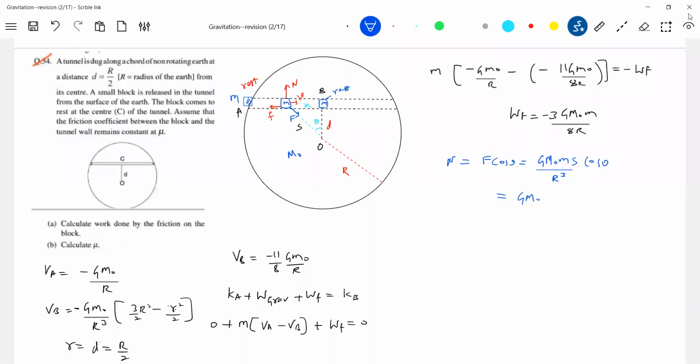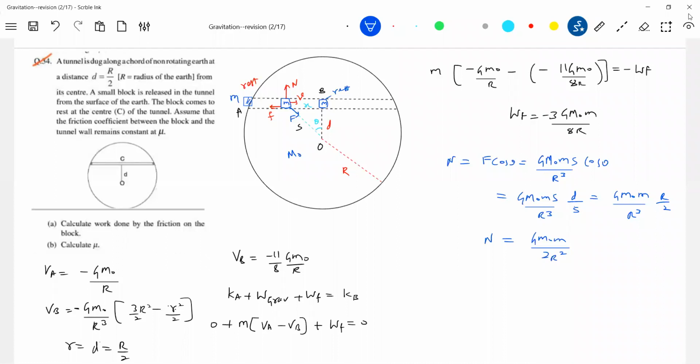Cos theta will be d by S. S gets cancelled. So G m naught m by r cube, d is R by 2. This is the expression for normal contact.